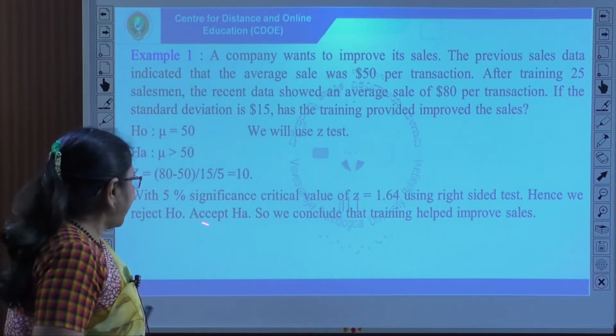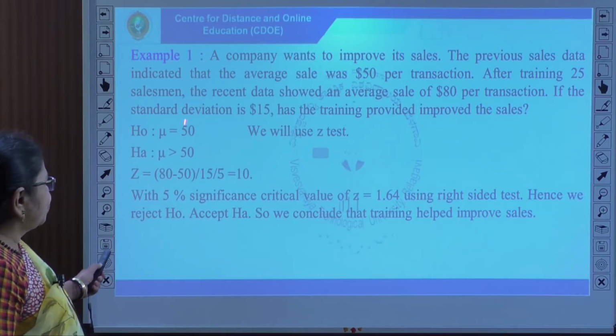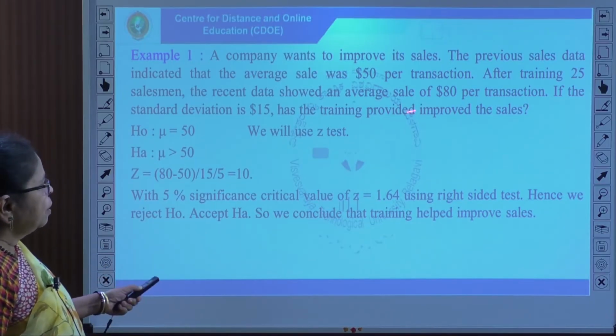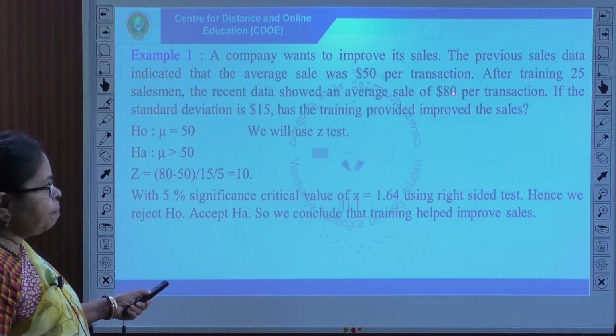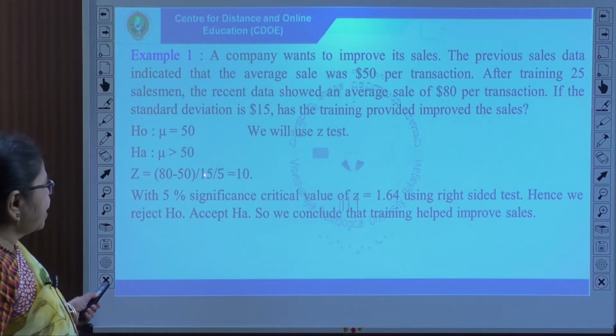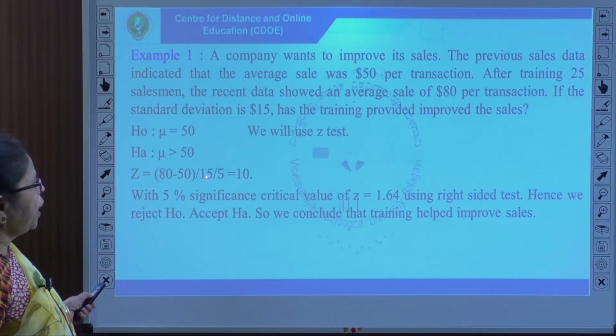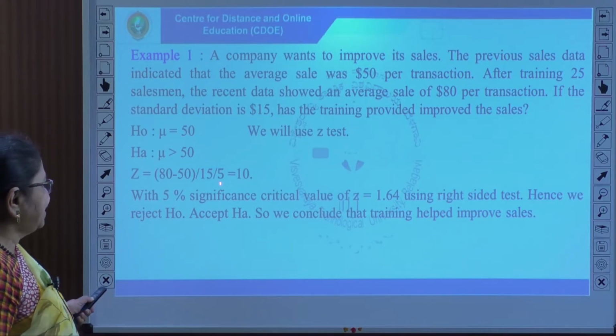Now, what is Z? 80 minus 50, where 80 is the new sampled mean and 50 is the population mean, divided by the standard deviation 15 over root n. I have taken 25 samples, so root n is 5, and Z is 10.